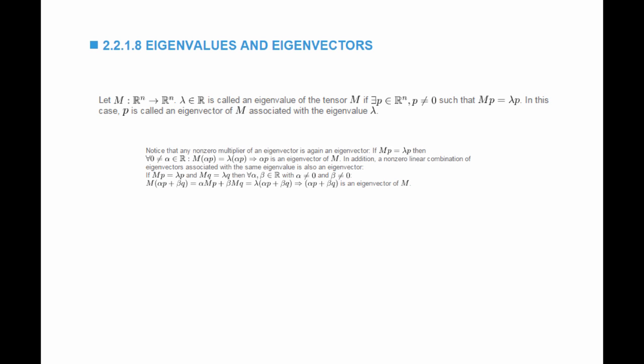Notice the following. Any multiple of an eigenvector is an eigenvector, because if MP is lambda P, then M alpha P is equal to lambda alpha P as well.